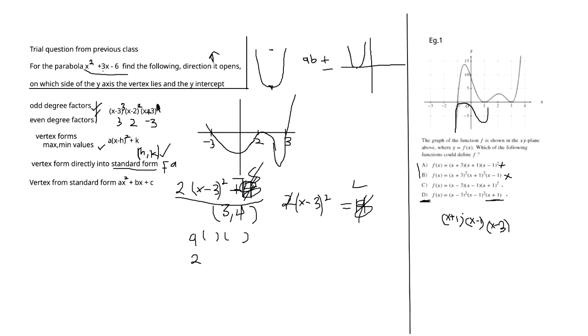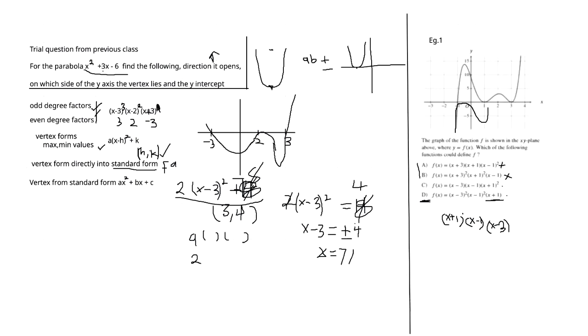Find the square root of both sides. So x minus 3 will now be equal to plus or minus 4. So then our roots would be: x will be equal to either 3 plus 4, which is 7, or 3 minus 4, which is -1.